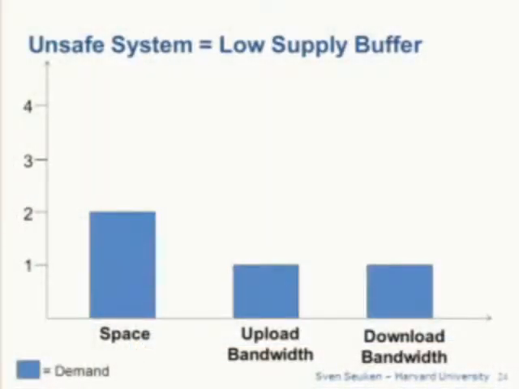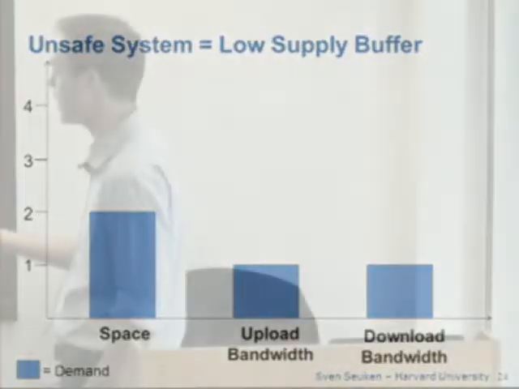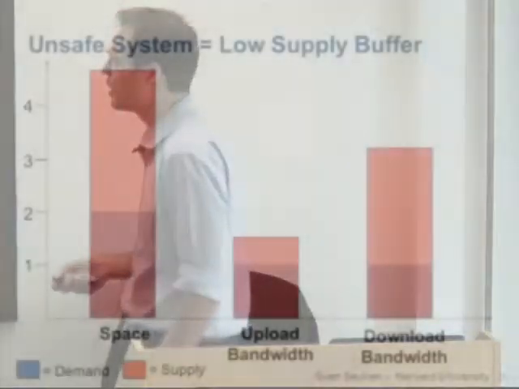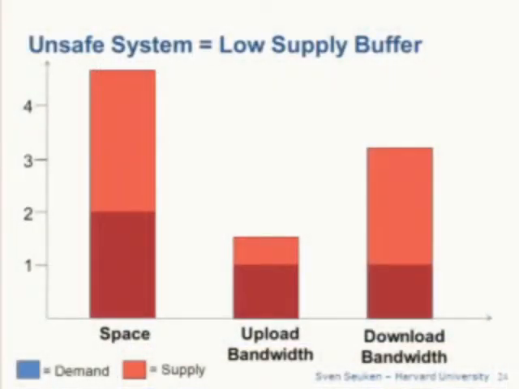So let me illustrate this problem. If this is the current demand in arbitrary units for space, upload and download bandwidth, and this is the current maximum supply that the users are specifying with these sliders, then we can see that we have a very large buffer on space and download bandwidth, but a very small buffer on upload bandwidth. So we are relatively unsafe here.